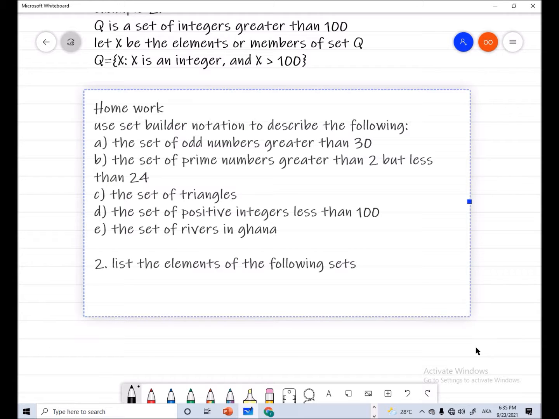Set A equals, in braces, x such that x is a factor of 12.